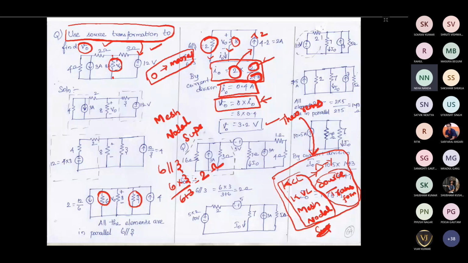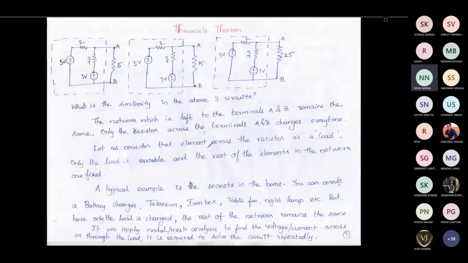This will also be useful when you have multiple voltage sources with a resistor in series, in parallel. For example, let's say you have a voltage source with a resistor like this.